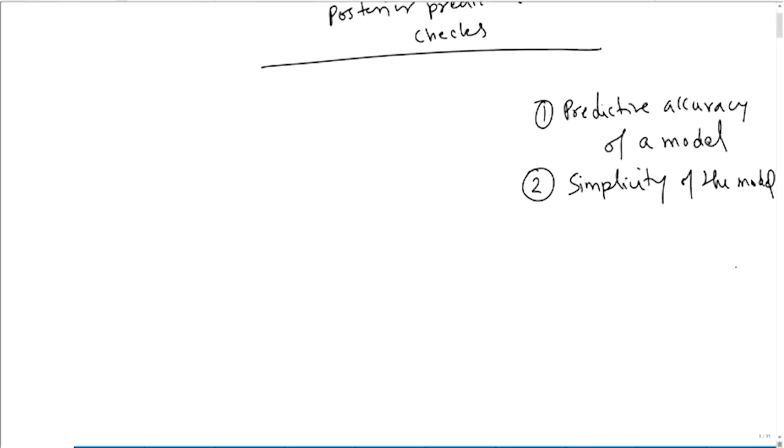Okay. What approach do we use to evaluate the fit of a model, or to evaluate predictive accuracy of a model? So how do we compute predictive accuracy of a model? What approach can we take in this direction?